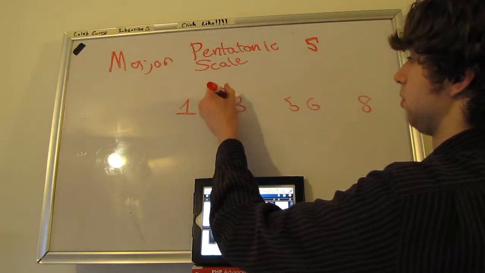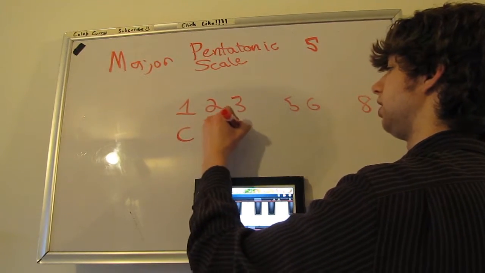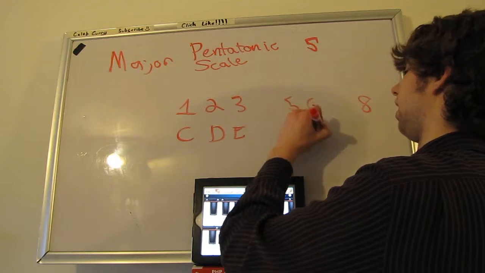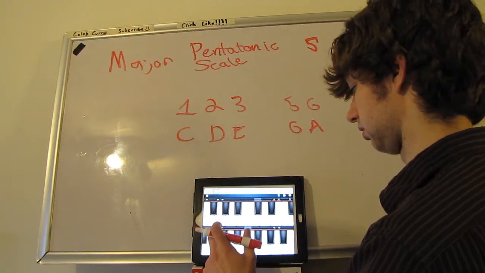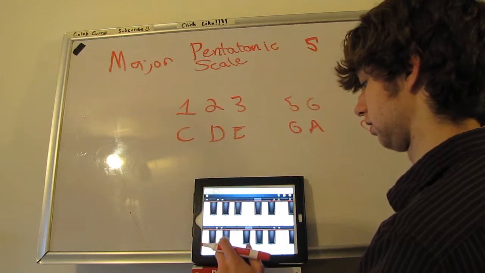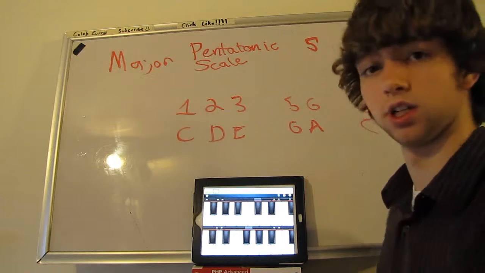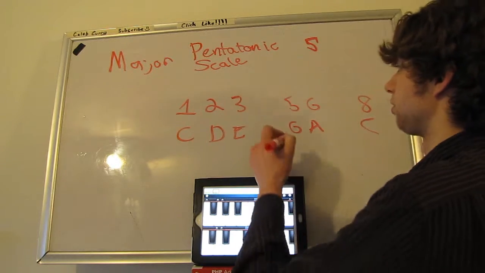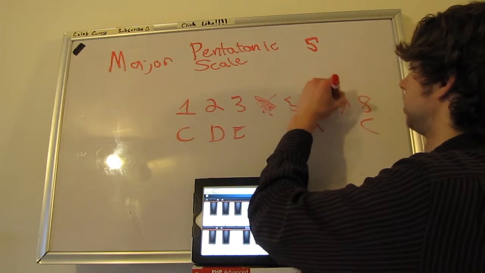So, what would this be in a C major scale? It would be C, D, E, G, A, and C. Make sense? So all we're really doing is getting rid of the 4th and getting rid of the 7th.